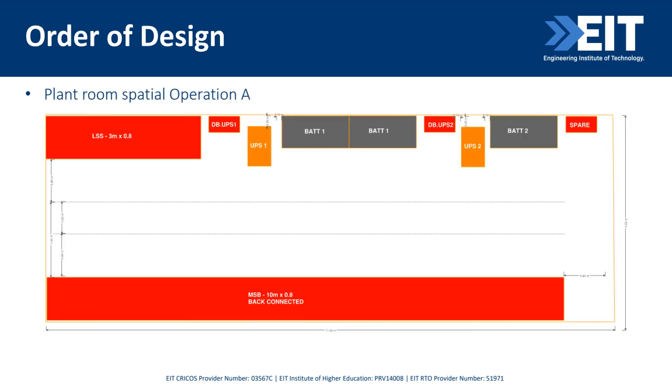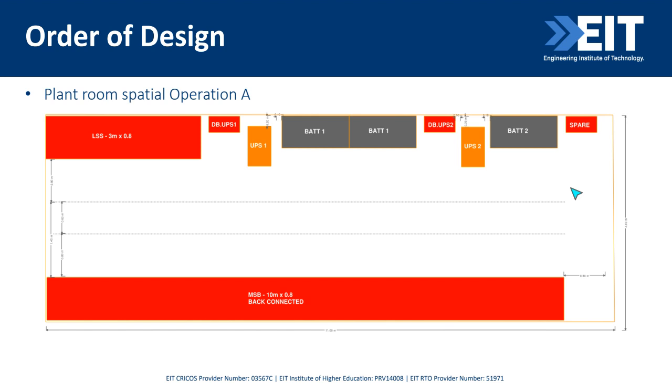Here's an example of a switchboard spatial sketch. So we've done that skeleton SLD. Based on that, I've estimated this switchboard might be up to 10 meters long. From that information, I then size the room that it would need to go in. So here I've sized a room that will suit a main switchboard, a secondary switchboard, some UPS and their batteries, as well as spare space for another switchboard in the future.